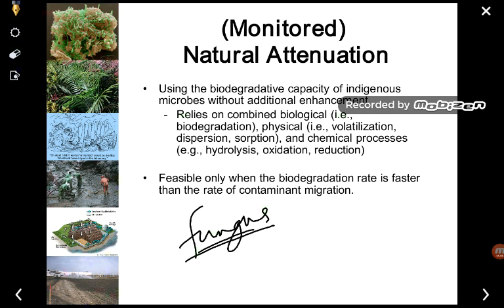For this there is no need of providing certain environmental conditions required for their degrading capacity. So using this degradative capacity of indigenous microbes without additional enhancement, we add no enhancement factor other than the organism. They do their work naturally. That is why it is said to be natural attenuation.